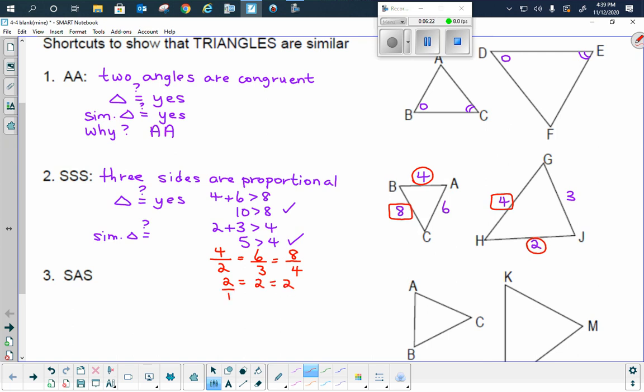You might reduce them to 2 over 1 if you were thinking about scale factor, but in the end, it really is just 2, 2, 2. So those are all equal to each other. Since they are equal, that means those are proportional, and therefore the answer is yes, they are similar triangles. And your reason, if somebody says why, you're going to say capital SSS, side, side, side.